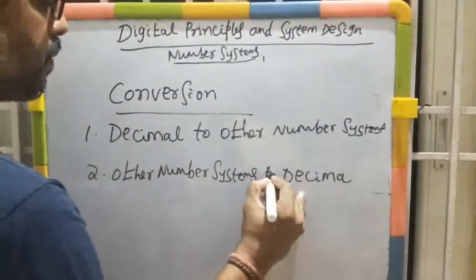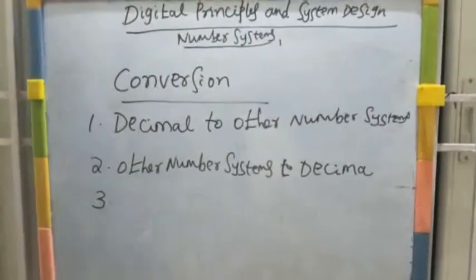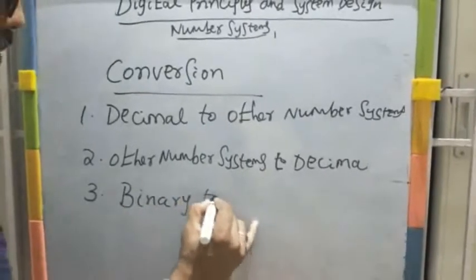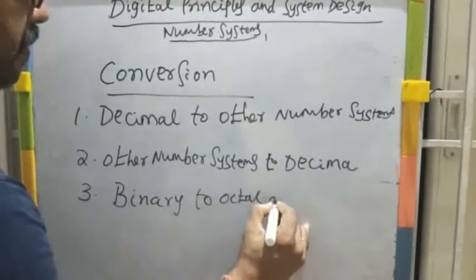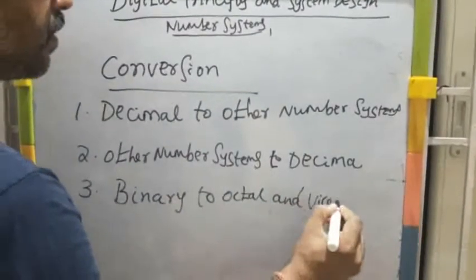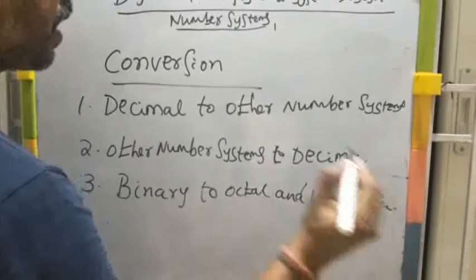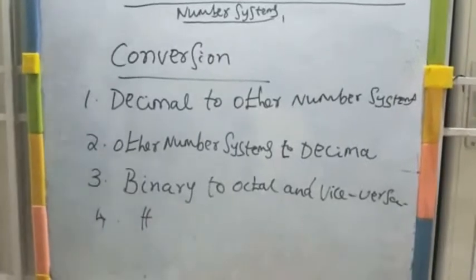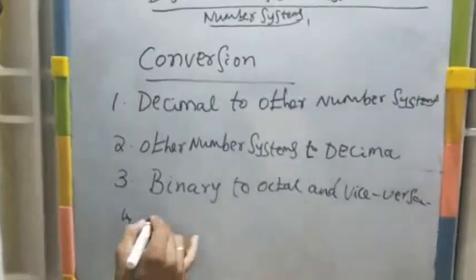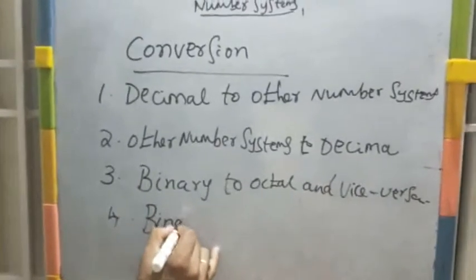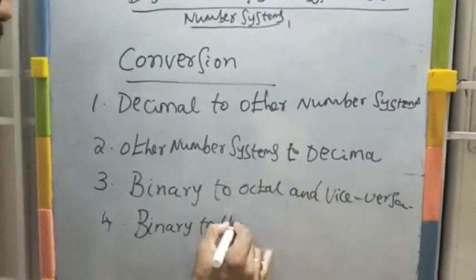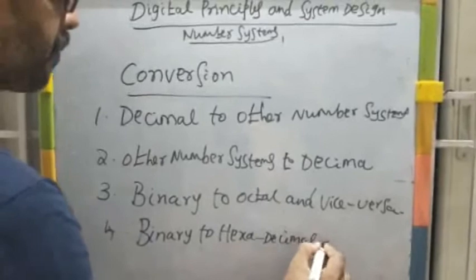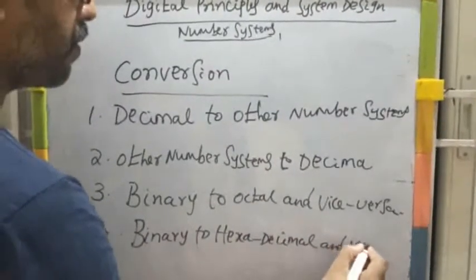Third is binary to octal and vice versa. Fourth is binary to hexadecimal and vice versa.